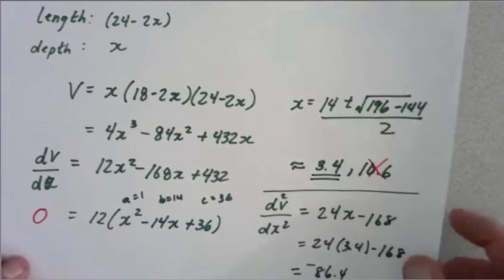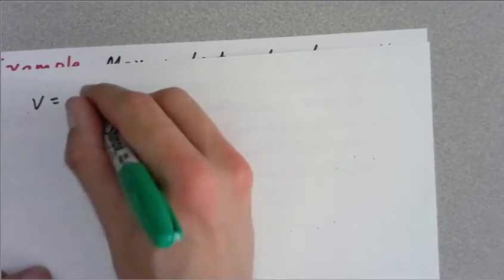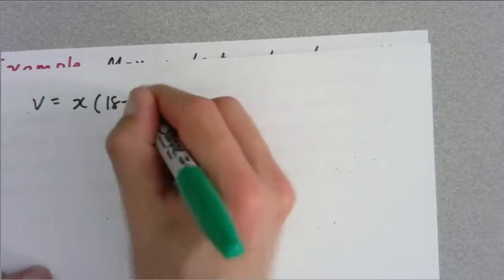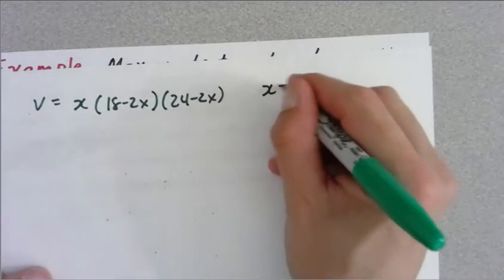Once we have that as our maximum value, this is just a confirmation, and we can finish up this problem. We know that the volume is x times 18 minus 2x times 24 minus 2x, because they want the dimensions, and we know that x is 3.4.